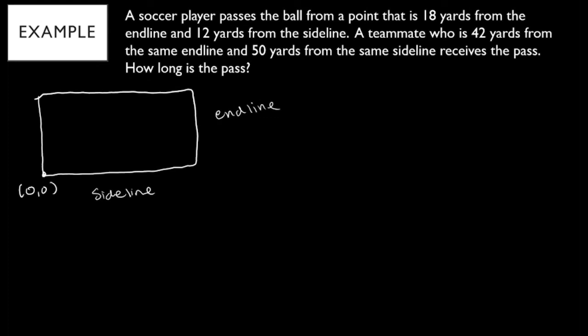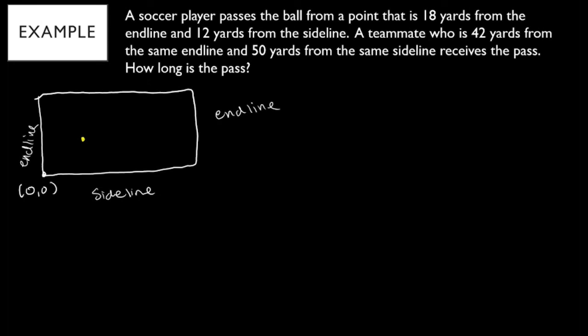So I'm going to assume that when we're 18 yards from the end line, we're 18 yards from the end line that's at 0, 0, because there's two end lines here. It would just be a lot easier to work with the one from the 0, 0 point than the one on the right. But again, it doesn't matter as long as you have all your ordered pairs in the right spot.